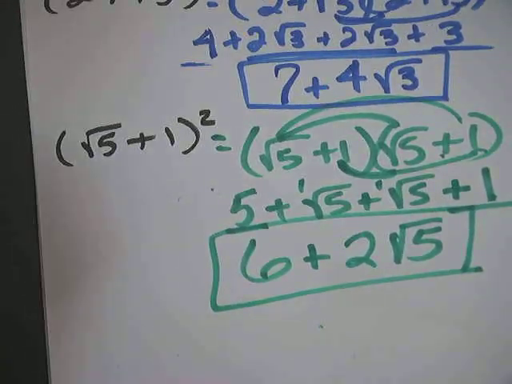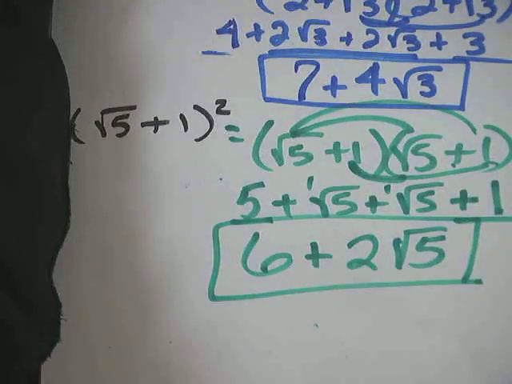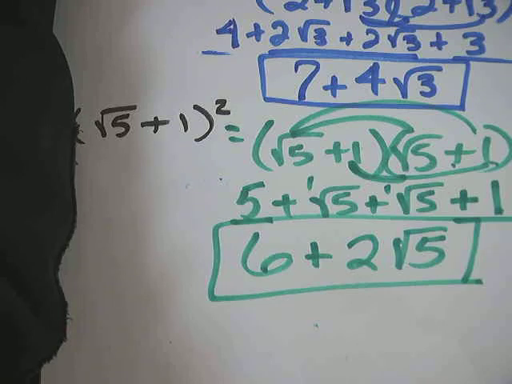And one more, then we're going to take a break, wake everybody up. Okay, so this is the same as square root of 5 plus 1 times square root of 5 plus 1. First times first, square root of 5 times square root of 5 is what? 5. High five.